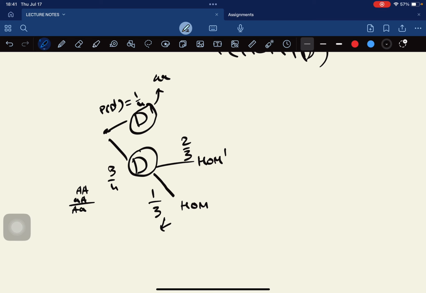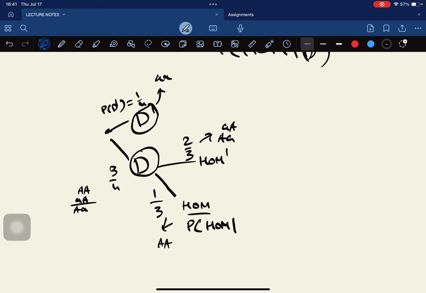This one would be the homozygous mutant, and this one would be the two heterozygous. If you want to write this in terms of the formula, this was the present because we're working on the present right now, and this would be the past, which was the D. That's pretty much it for the disease part.